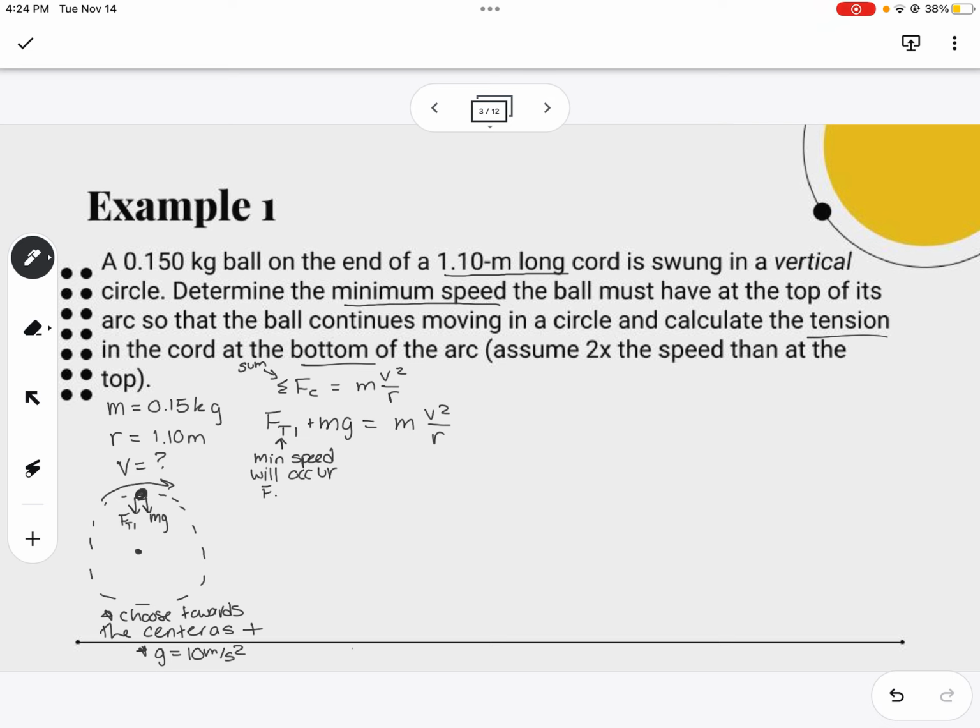So just right about at that point where this tension is going to go to zero. At that point, the force due to gravity will be the only force acting. And because it's acting towards the center of the circle, it does still count as a centripetal force, okay? The cord will go limp.